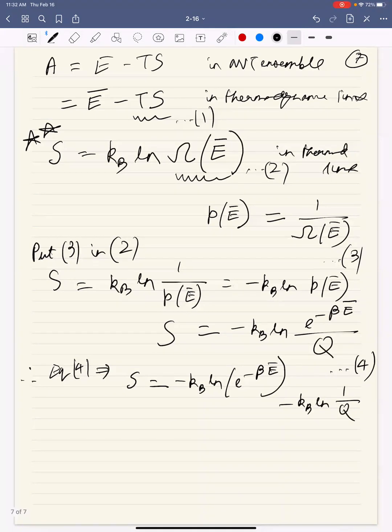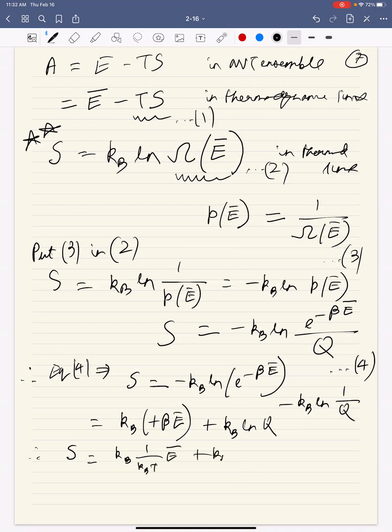What does this become? ln of e to the power minus beta E bar is just minus beta E bar, right? So this becomes KB plus beta E bar, and this becomes plus KB ln Q. Now we are getting somewhere. S is equal to KB, and beta is 1 over KBT, times E bar plus KB ln Q. KB cancels.